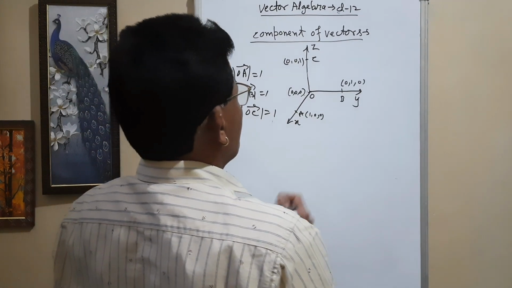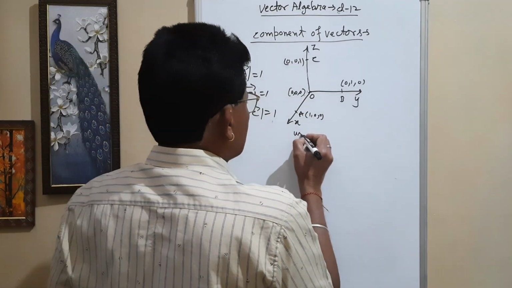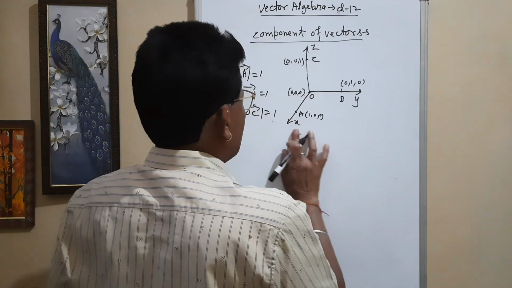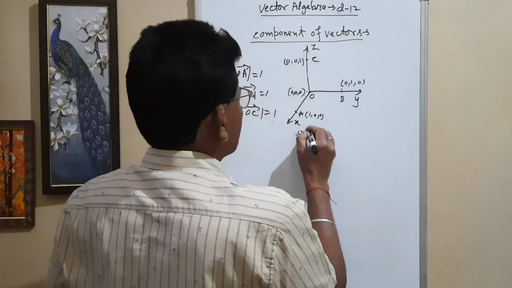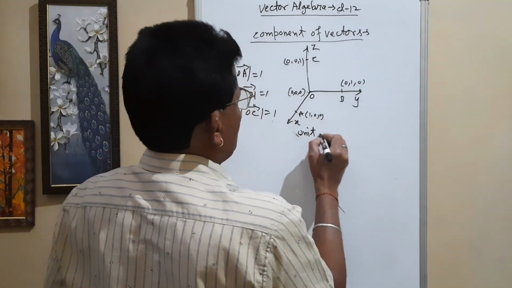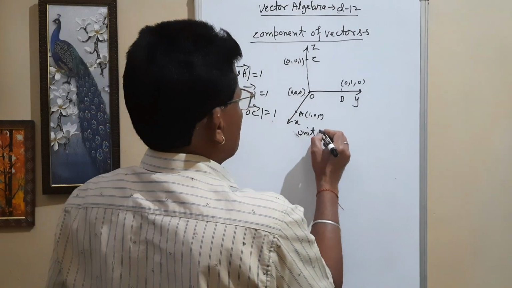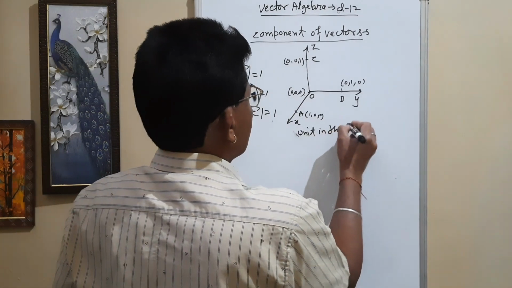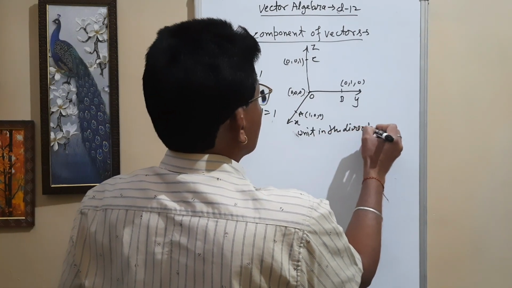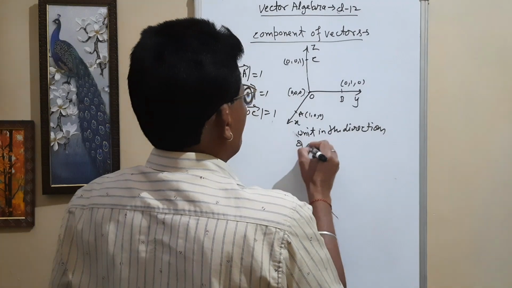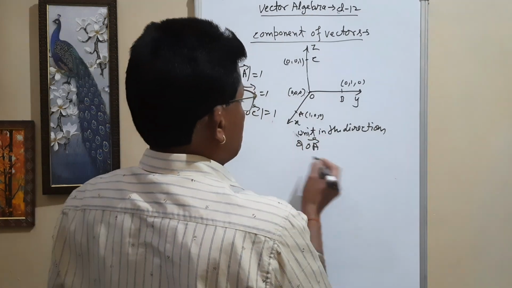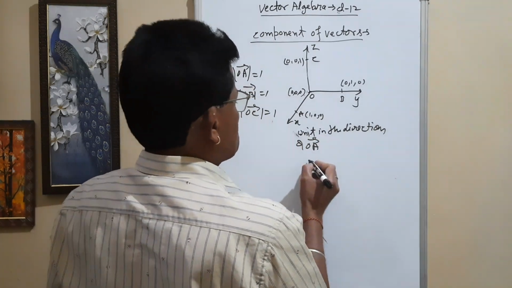Magnitude will be equal to 1, and using the formula of the unit vector, let me find the unit vector in the direction of OA vector. Okay, what will be the unit vector? I told you, you must write it.